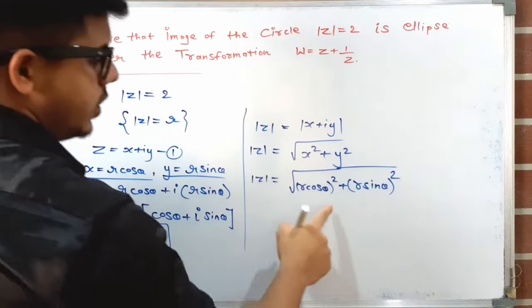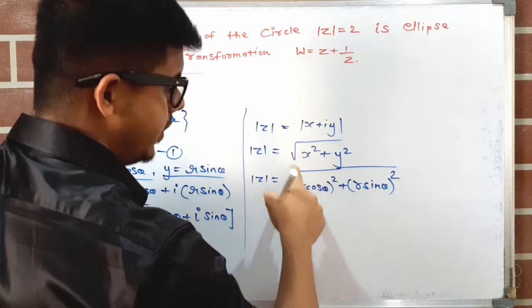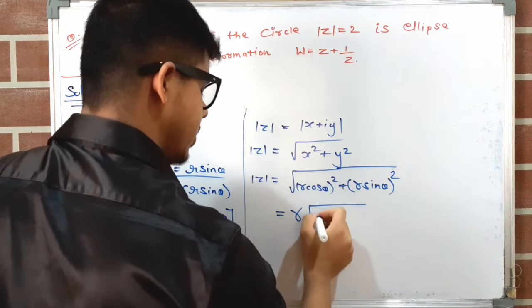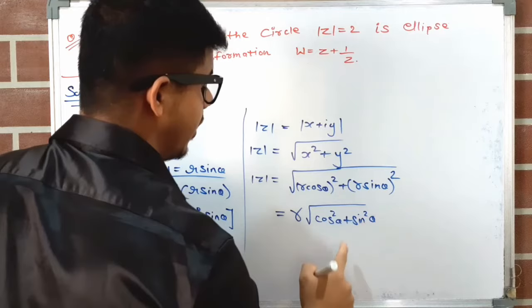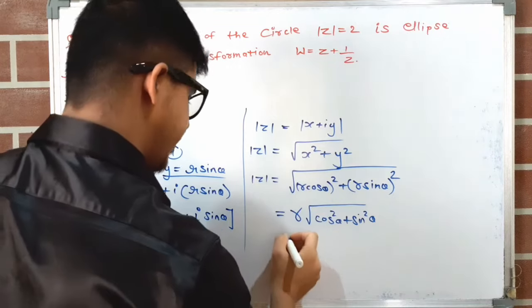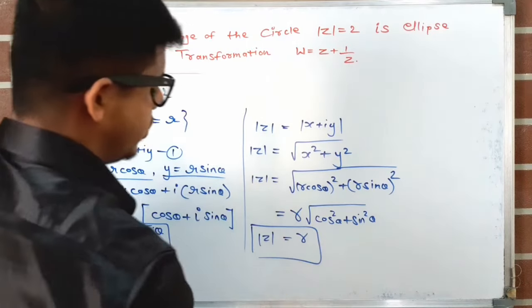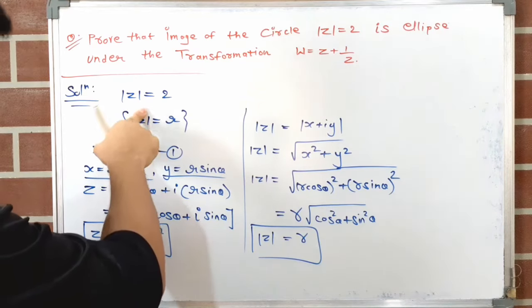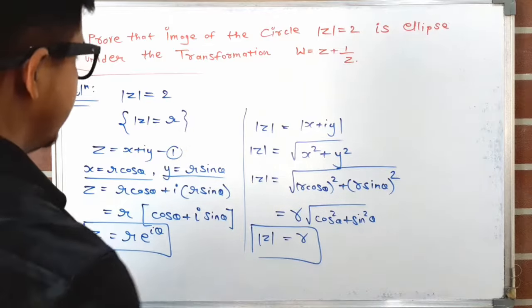Here r square is common, so when we take it out of the square root, we get r. So r under root of cos square theta plus sin square theta. Now what is cos square theta plus sin square theta? It is 1. So here |z| is r. In our question |z| = 2, that means the radius is 2. I hope you understood this.